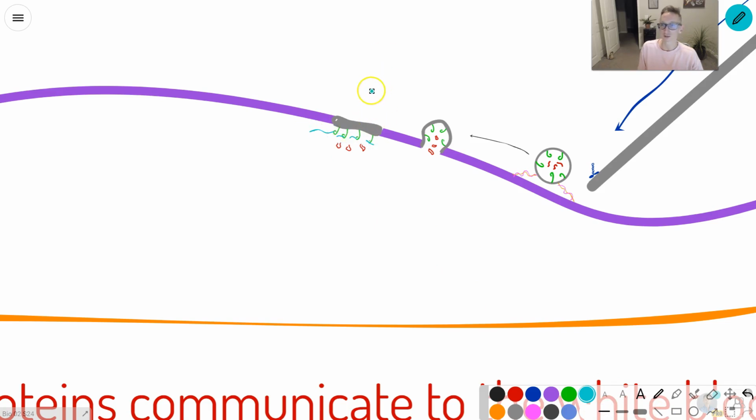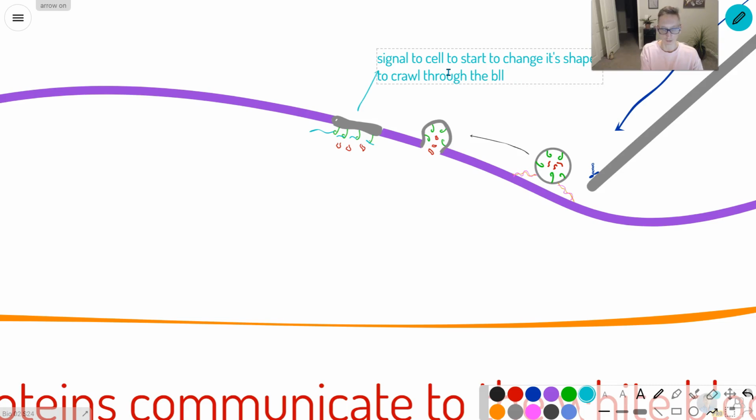And then that would signal to the protein to start to change, signal to the cell to change its shape, to crawl through the blood vessel.